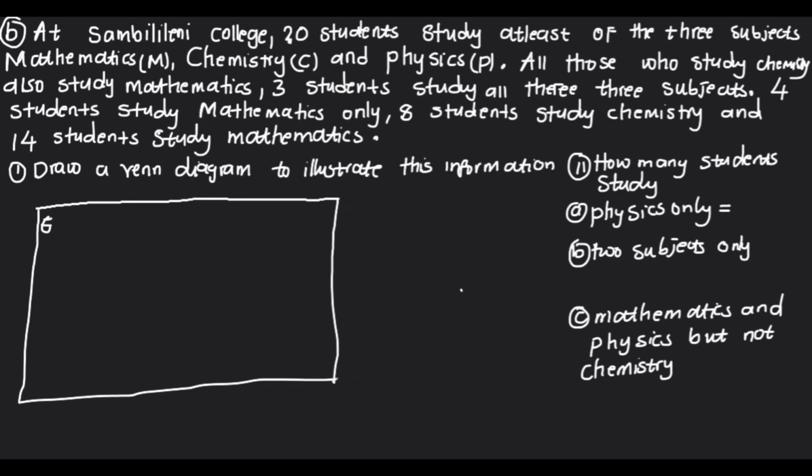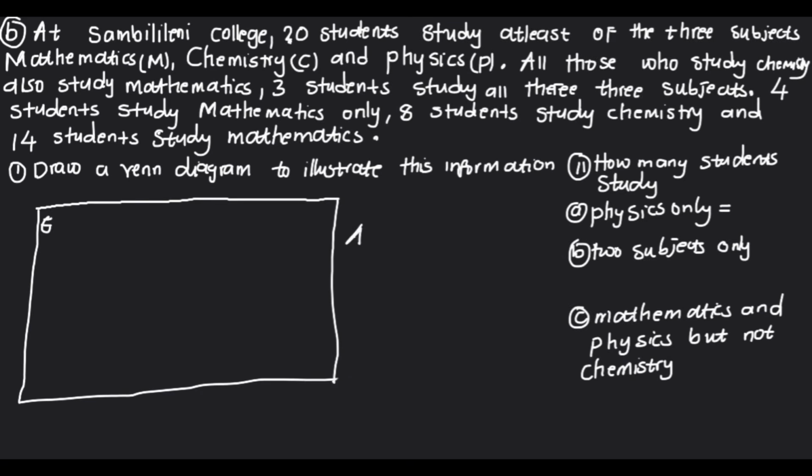So what this means is we have the mathematics here, then the chemistry will be inside. Why? Because all those that studied chemistry also studied mathematics. So let's say we have, maybe let's try to have a picture.